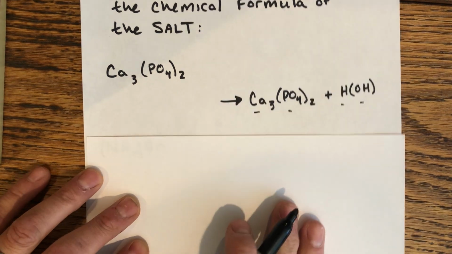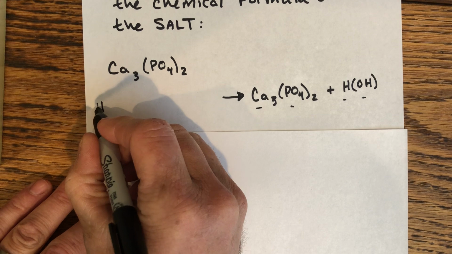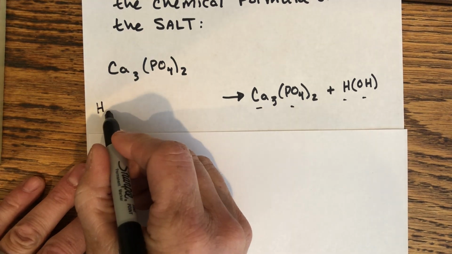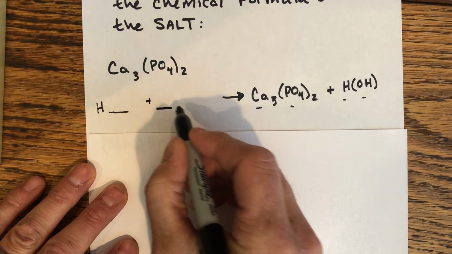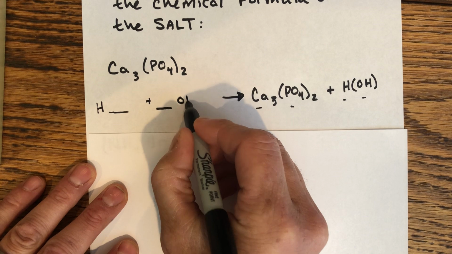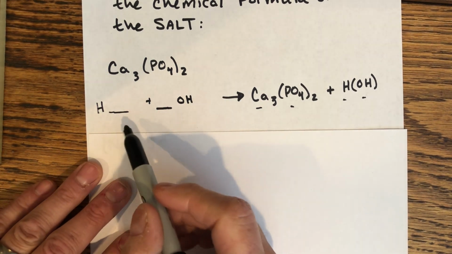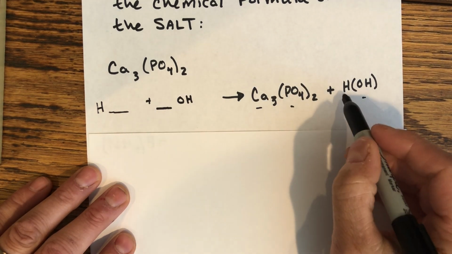So remember that the salt is always made from an acid and a base, and we know that an acid is always going to start with hydrogen and then have some ion behind it, and the base is always going to start with something and have a hydroxide ion behind it. Right? So this is the general formula of those Arrhenius acids and bases. So now let's just backtrack.